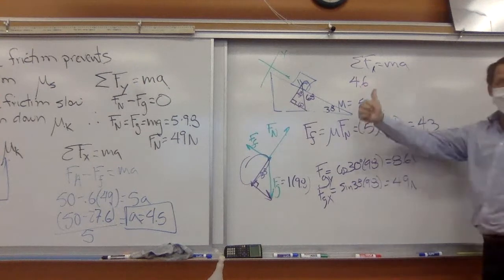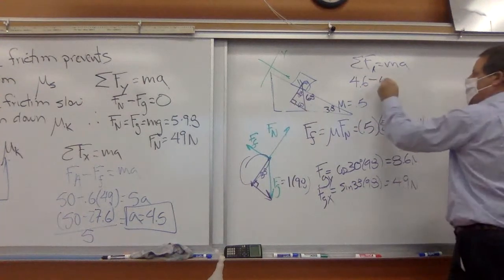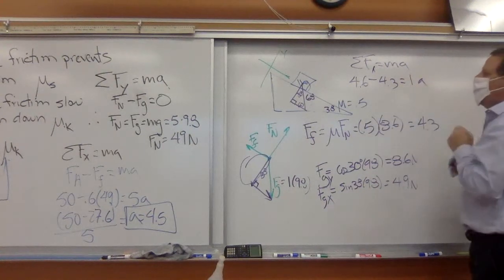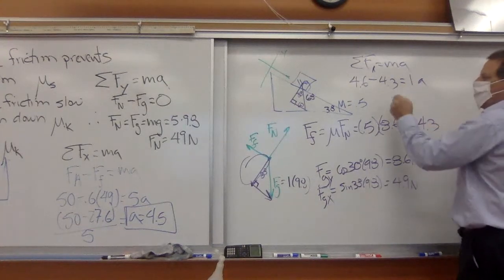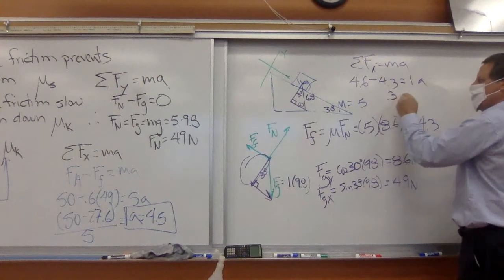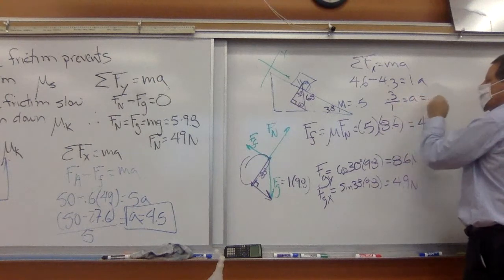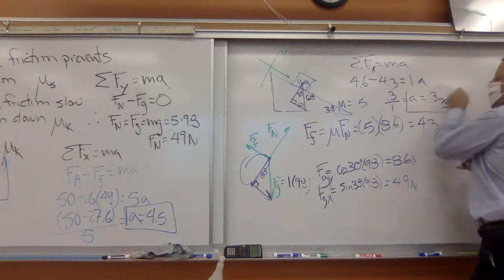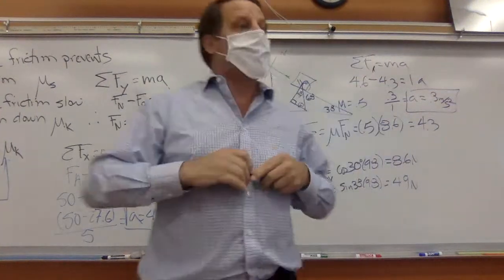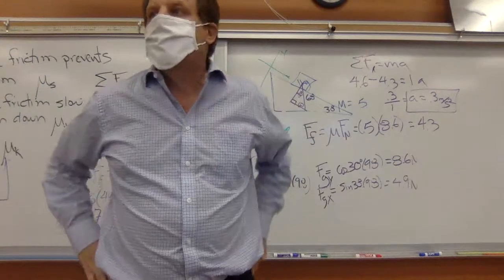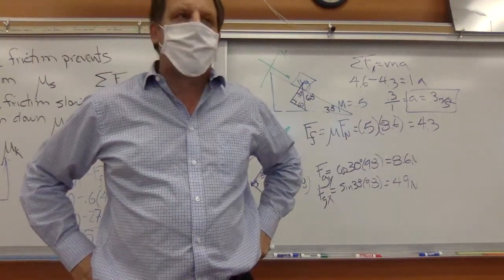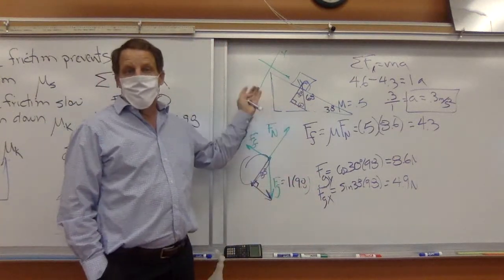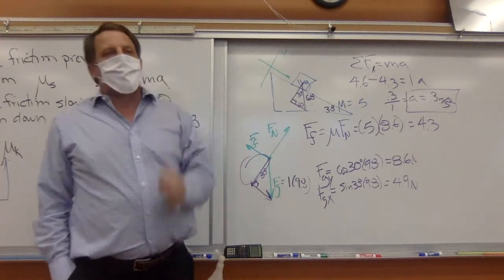We're going to have 4.9 down the ramp minus 4.3 up the ramp equals 1 times a. 4.9 minus 4.3 is 0.6 divided by 1. And then our acceleration would be 0.6. Now, I could then ask you a bunch of kinematic stuff about that. But that's essentially the gist of when it gets a little bit trickier, when we're on an angle.